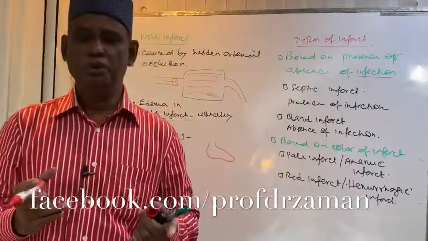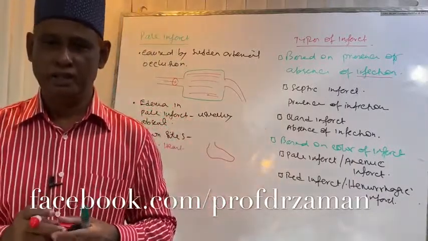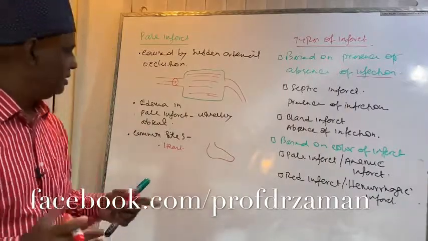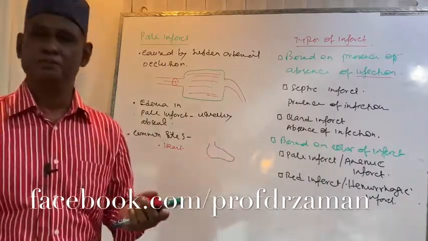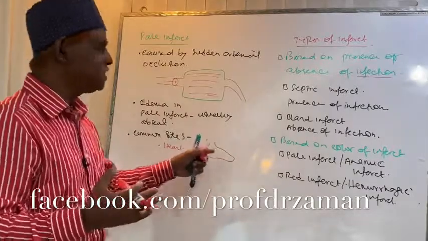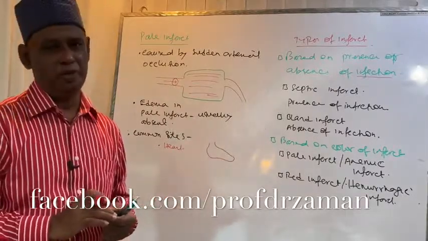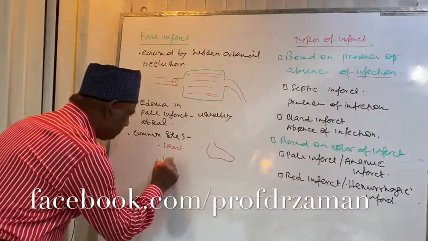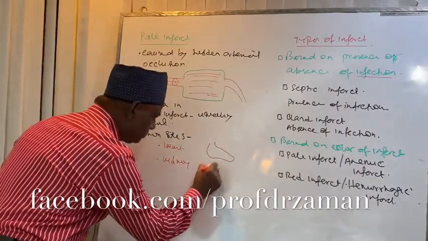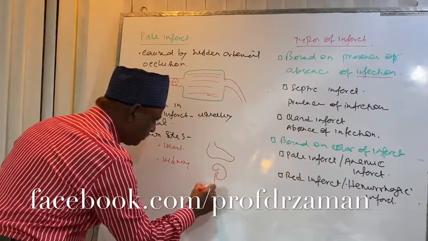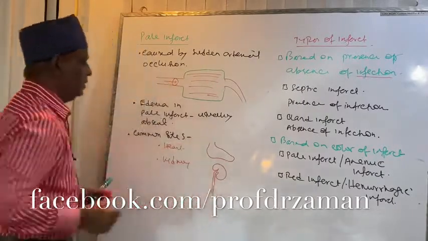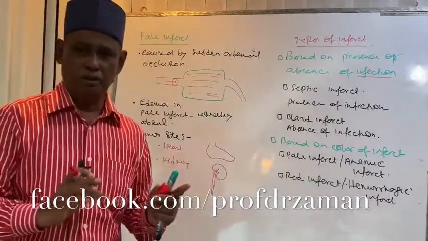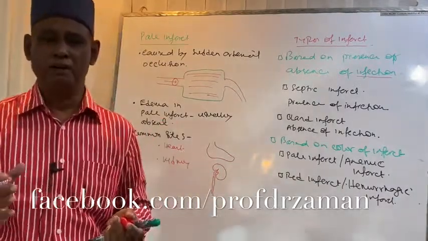Common sites of pale infarct: heart. You know, there is myocardial infarction. Myocardial infarction is due to occlusion of the coronary artery. If the coronary artery is occluded, the myocardium gets no blood supply.